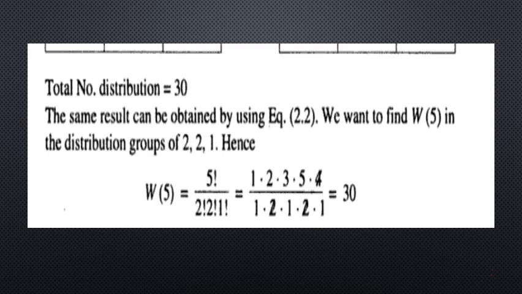Hence, putting the value in equation 2.2, W5 is equal to factorial 5 upon factorial 2 into factorial 2 into factorial 1, which is equal to 5 into 4 into 3 into 2 into 1, upon factorial 2 is equal to 2 into 1, again factorial 2 is equal to 2 into 1, and factorial 1 is equal to 1. By solving this equation, we will get the answer 30.